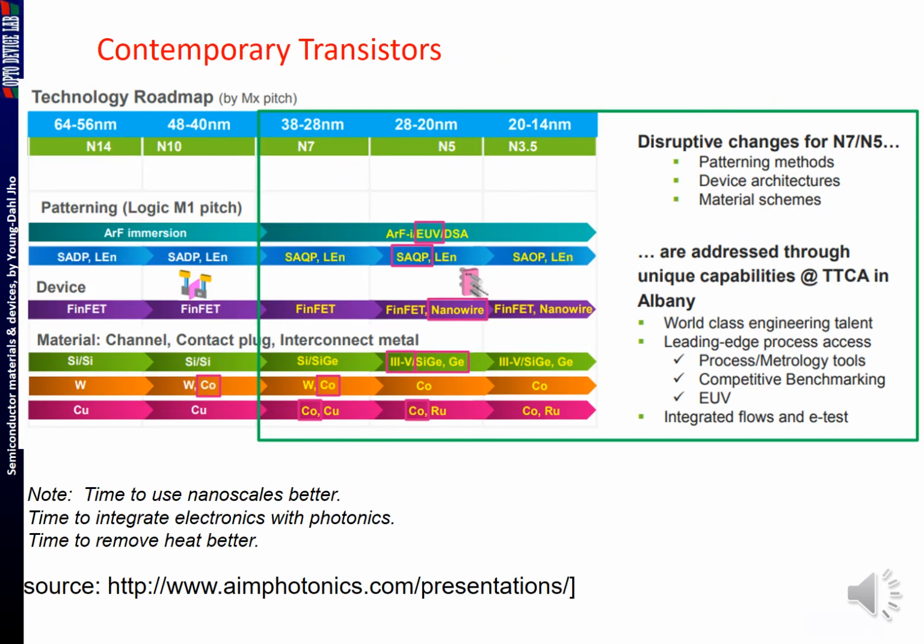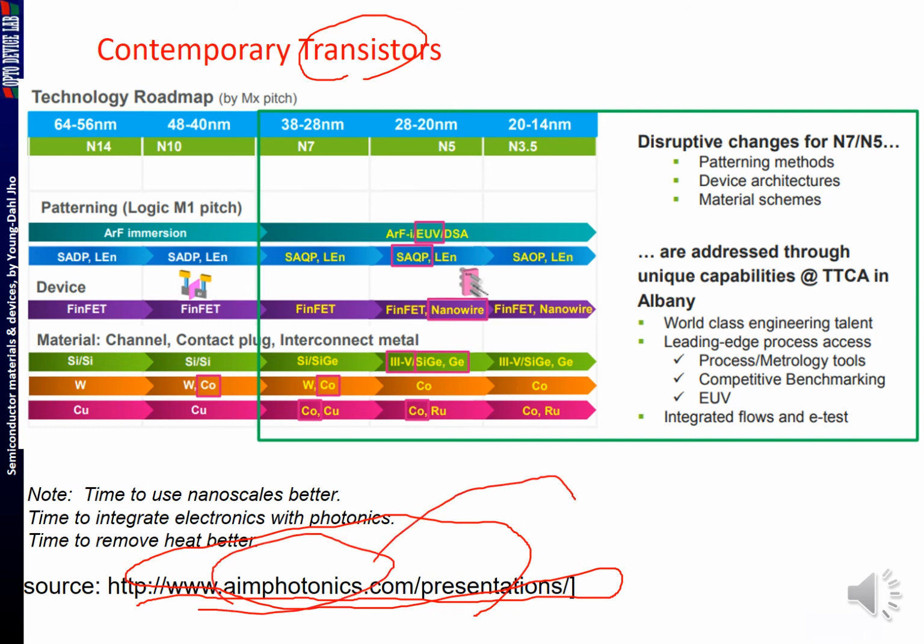And if you're interested in the transistor concepts, then you can refer to this website, okay? And this AIM Photonics, I'm actually interested in integrating electronics with photonics, okay? Because for electronic information and photonic information, one of the most important topics we need to discuss first is their speed.